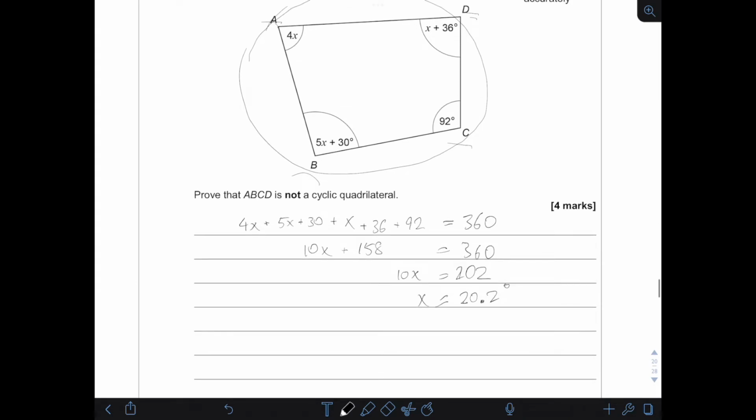So for a cyclic quadrilateral, the opposite corners sum up to 180 degrees.